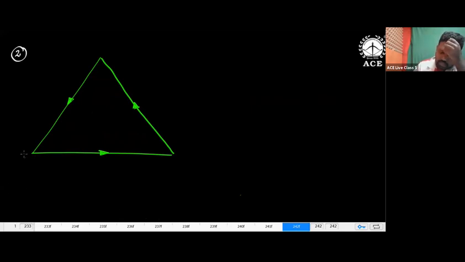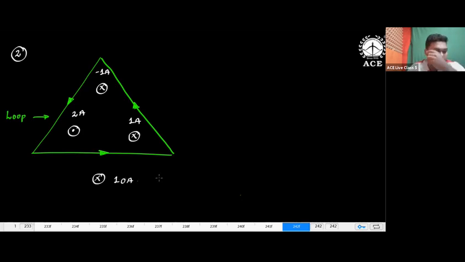This is a loop direction, beta. Minus 1 ampere, 2 amperes, 1 ampere, 10 amperes. What is the answer?